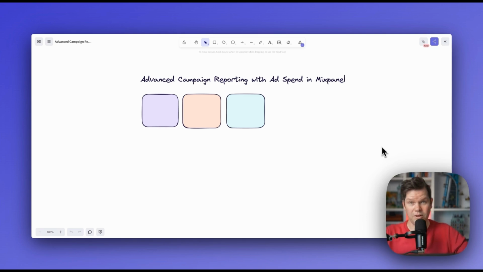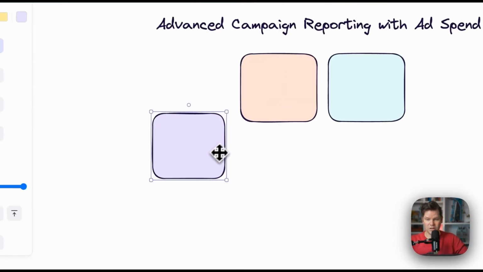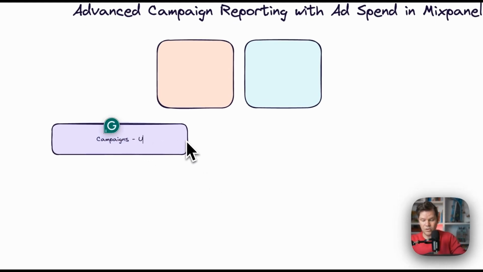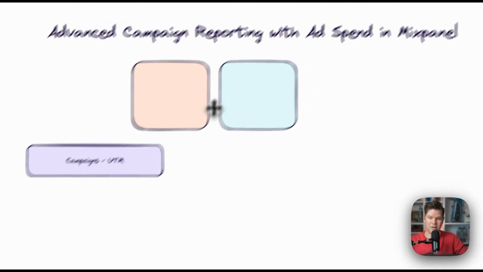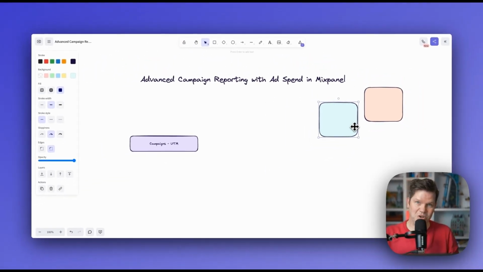And to achieve an advanced campaign reporting, we usually need some building blocks. Naturally, we need some information about the different kind of campaigns. For that, we need to have UTM parameters in place. So this is not the intention of this whole session to talk about UTM parameters, but let's assume you have made your marketing team aware of that wherever they place a link, they put a UTM parameter in there.